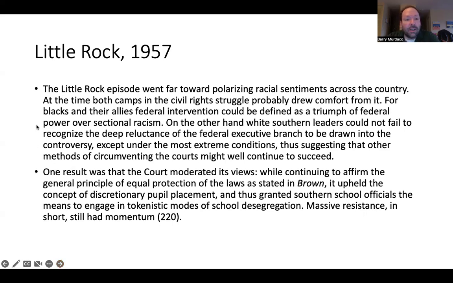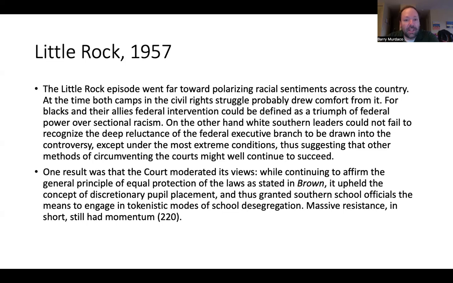So then they focus on Little Rock in 1957. The Little Rock episode, the efforts to desegregate schools there, went far toward polarizing racial sentiments across the country. At the time, both camps in the civil rights struggle probably drew comfort from it.